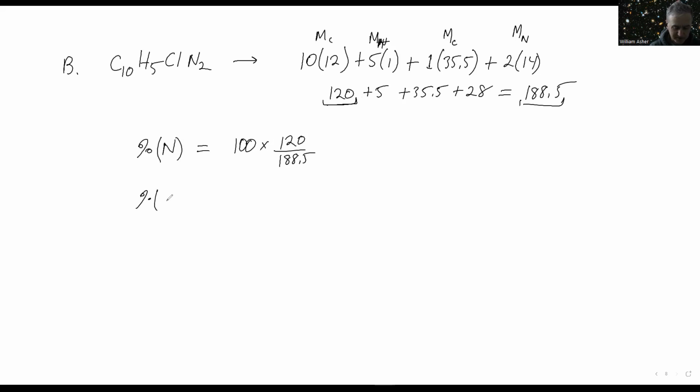The percent composition by mass of hydrogen is equal to 100 times 5 divided by 188.5. And so on and so forth. So percent composition of chlorine is equal to 35.5 divided by 188.5 times 100.